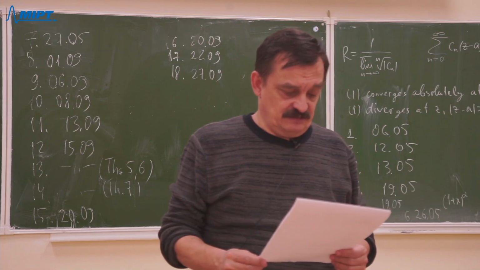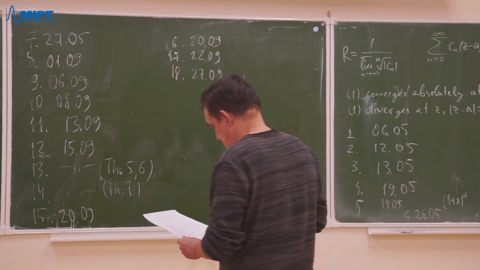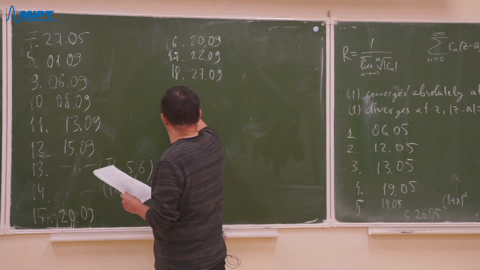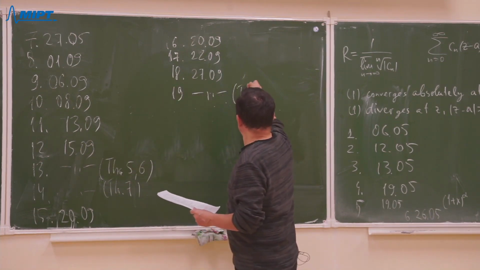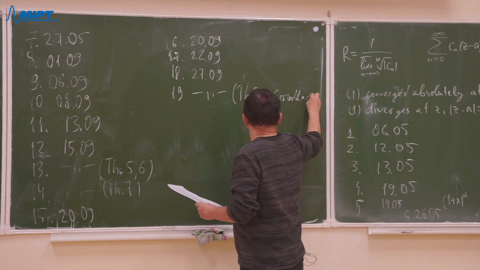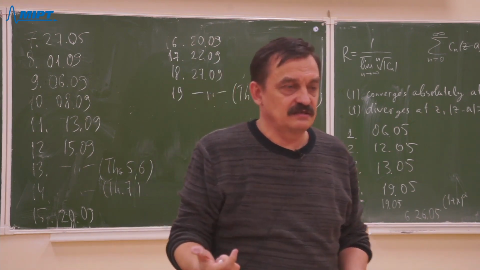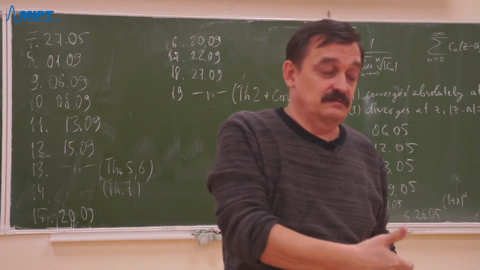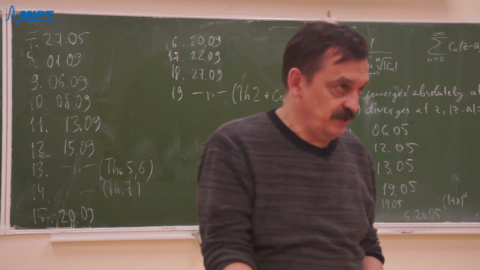Question 19. Weierstrass theorem in Rn. That is also the same day. And here, theorem 2 plus corollary. Because theorem 2 says that the continuous image of a compact is compact, right?